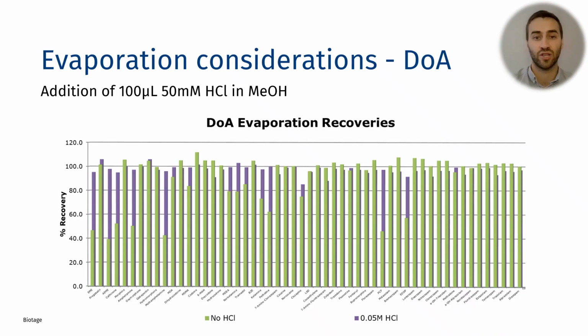The green here shows there's no hydrochloric acid solution added, with the purple 100 microliters of a 50 millimolar hydrochloric acid and methanol solution. As you can see towards the front here, examples are amphetamine, AME, methamphetamine. We are seeing a lot of losses, or up to 50% losses without the hydrochloric acid. So this is a vital stage for any drugs of abuse evaporation step.